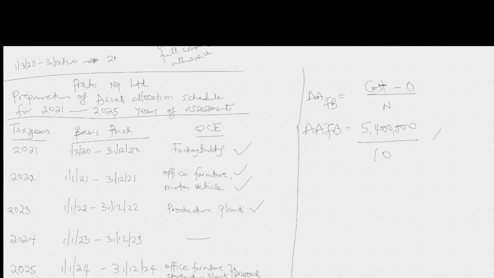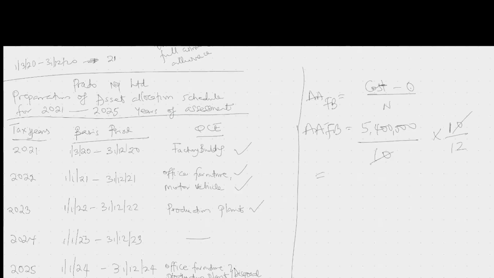So that will now be 10 over 12. So that will give my value. My annual allowance should be 450,000.